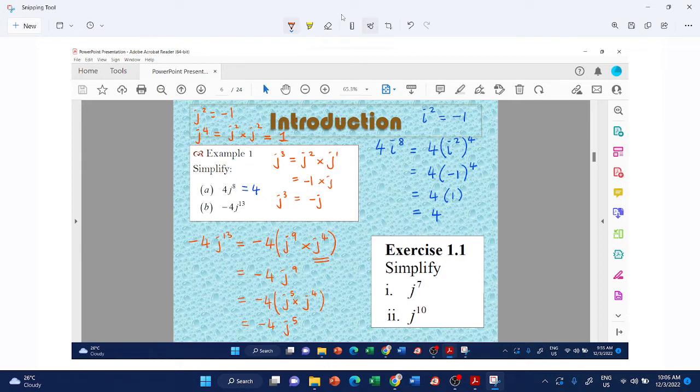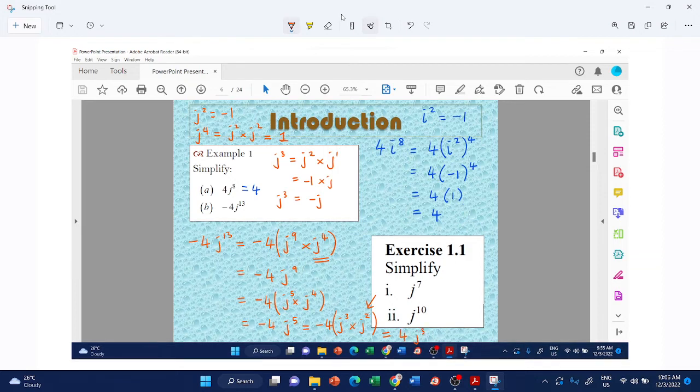So how about J power 5 ni? How do you reduce it again? How do you reduce it? Maybe you try 3, 2. Right? Okay, J2 kita dapat negative 1 kan? J power 2 is negative 1. Negative 1. This is negative 1. Okay, negative 1. Tapi sini ada negative in front kan? So tinggallah 4.